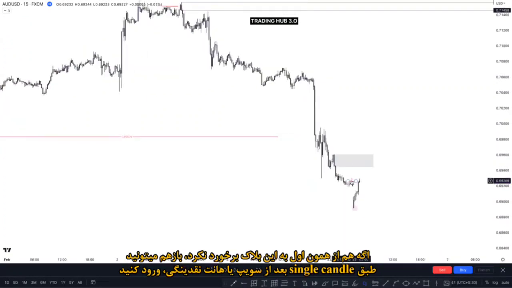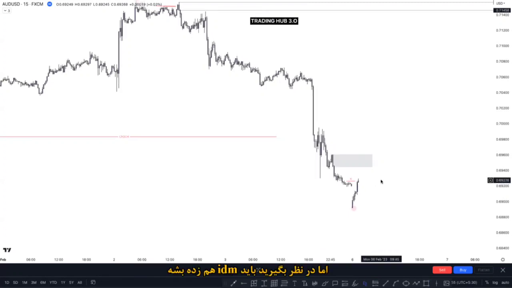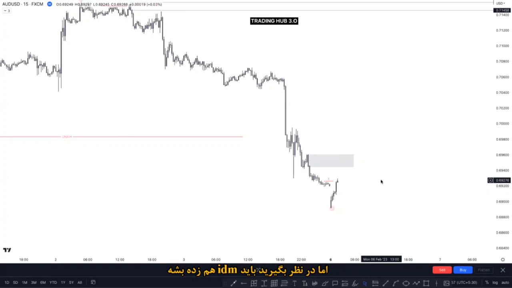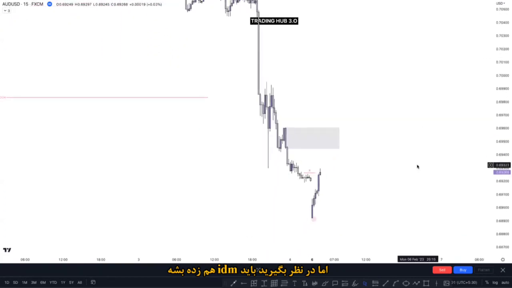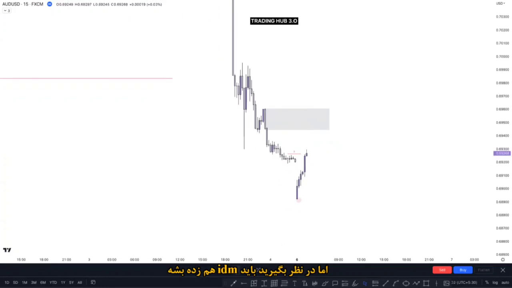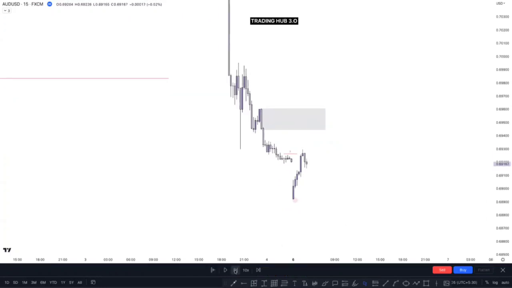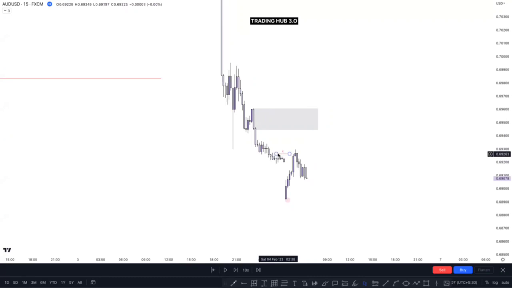Okay, it just sweeps this inducement and a candle closes below it, and you can also take entry based on the single candle order block here, right? But price must take out the inducement, right? So let's see what happened next and how you can deal with this situation, right?